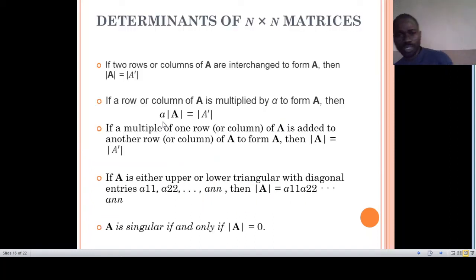Now, let's go to the determinant of a matrix. I have told you that determinants can be used to determine whether a given matrix is singular or not singular. When you want to obtain the determinant of a matrix, simply think about the operations we carry out under the inverse of a matrix.